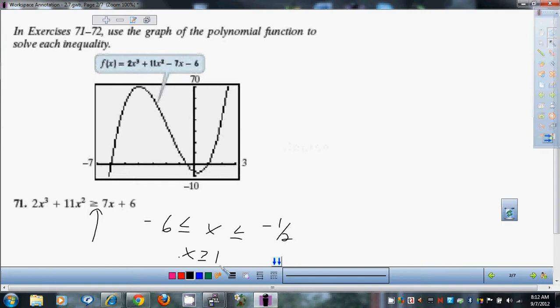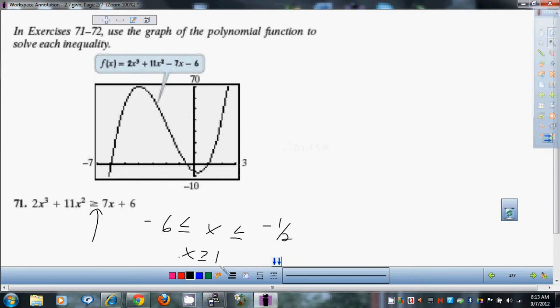Now, when I move these two things over, that's going to be greater than or equal to 0, right? So I'm looking for where it's going to be above the x-axis. That little loop right there is above. And I eyeballed that to be about negative 6 and about negative 1/2. And so, greater than negative 6 and less than negative 1/2. And that domain is above the x-axis.